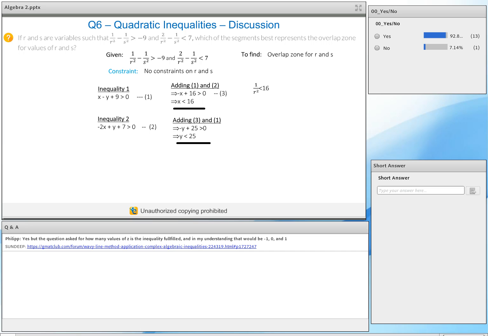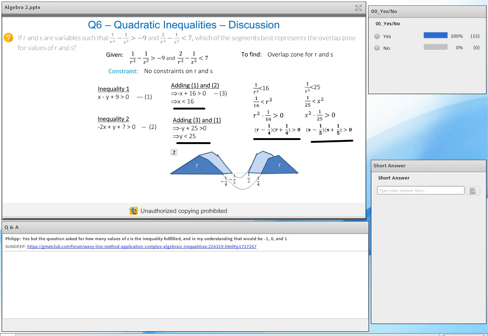Now, what you end up getting is 1 by r square is less than 16, and you end up getting this quadratic inequality. Likewise, you end up getting this quadratic inequality for s. So now you have two quadratic inequalities, one in r and one in s. You simply figure out the zones over there, and then you figure out the overlap zone. That's about it.